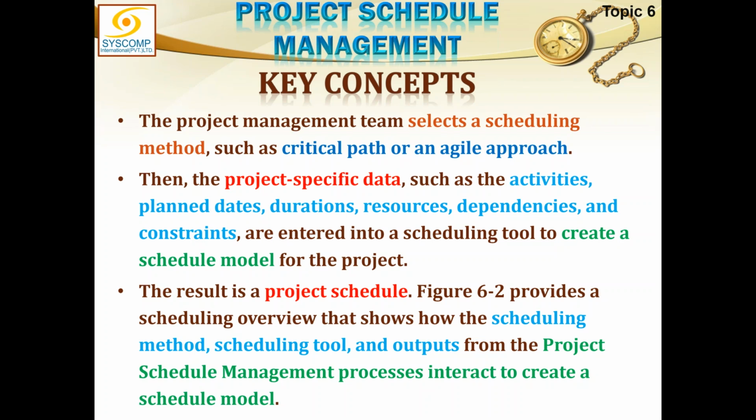This all is raw data, but only when it is intelligently joined together through certain tools, scheduling tools we call them, and those tools were selected in accordance with the scheduling methodology we had selected. So with the use of those tools, once I fill this data into the balloon, that balloon takes the shape, and that shape is called the schedule model.